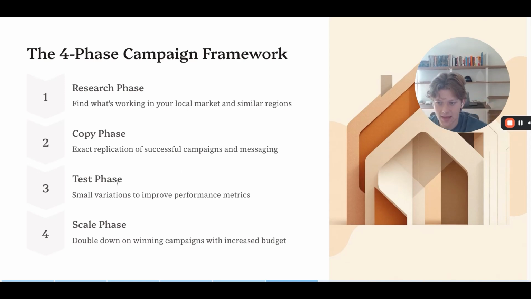Next, the test phase, small variations to improve performance metrics. So everything needs to be tested. If something's going wrong, you don't want to just sacrifice everything that's working, even if it's not working that great. If it's working 50% as good as you need it to work, it's still better than it working 20% as good as you need it to work.